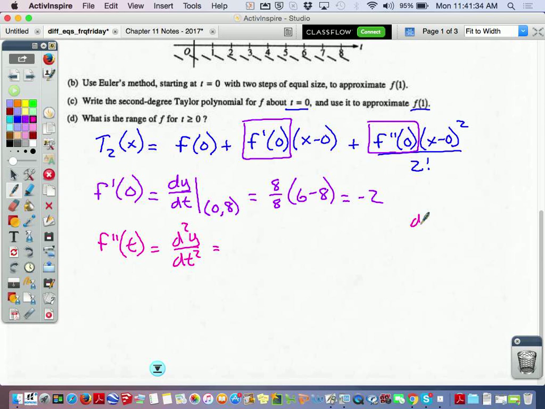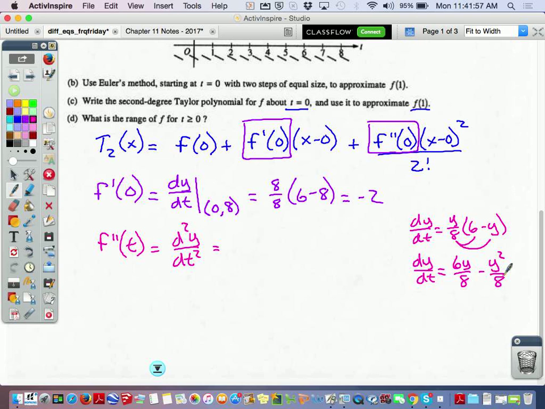We know that dy dt is equal to y over 8 times (6 minus y). To make our lives easier, I'm going to distribute this before I take the second derivative. So dy dt would be equal to 6y over 8 minus y squared over 8.